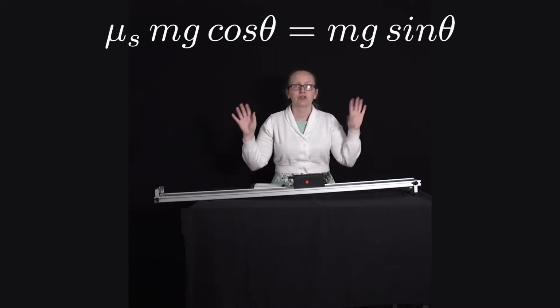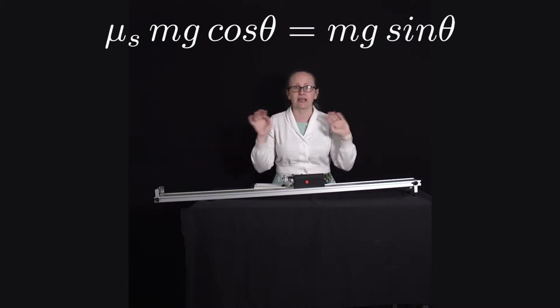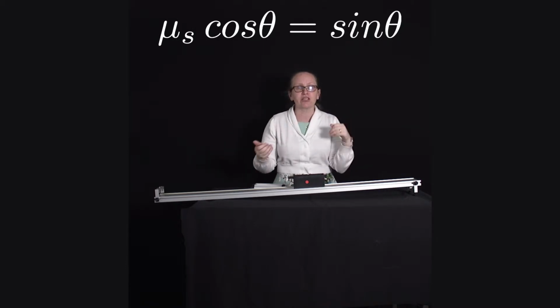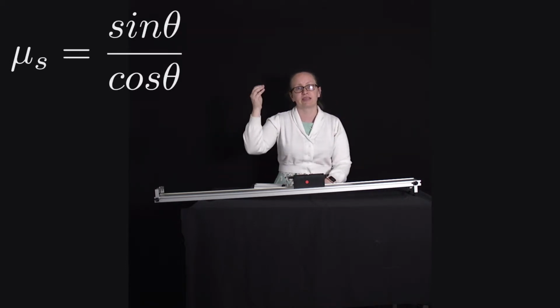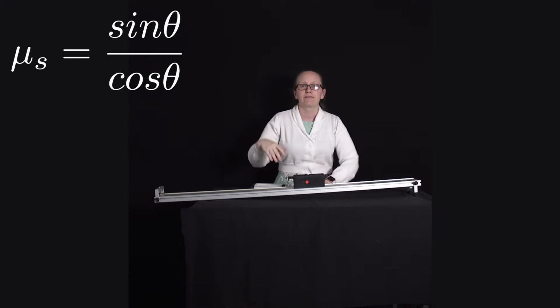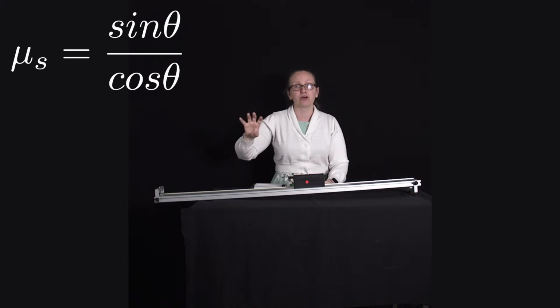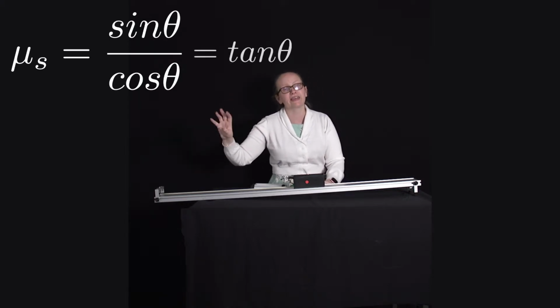So looking at this equation, we can see there's an mg on each side. So the mg's all cancel out and we end up with sine theta equal to μs cos theta. So we can rearrange this and say μs is equal to sine theta divided by cos theta. But using some trigonometry, we know that sine theta divided by cos theta is actually tan theta.